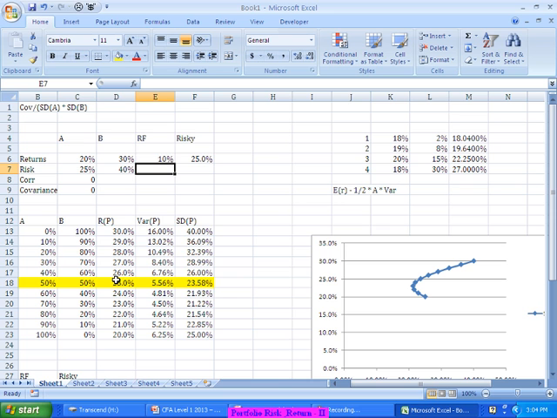Similarly, the return for the risky security is 25%. The risk in case of risk free is 0, because it is risk free, 0 risk. Whereas the risk in case of the risky security is 23.58, and correlation will be 0 between risky and risk free, because whatever may be the changes in the risky, the risk free is constant.